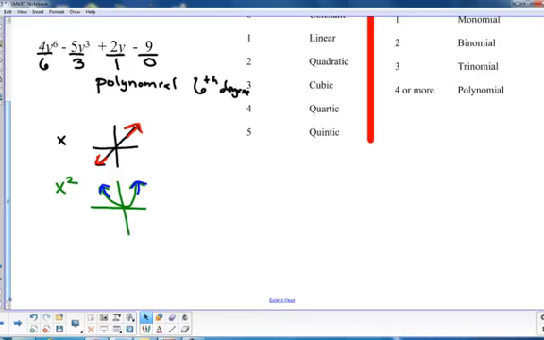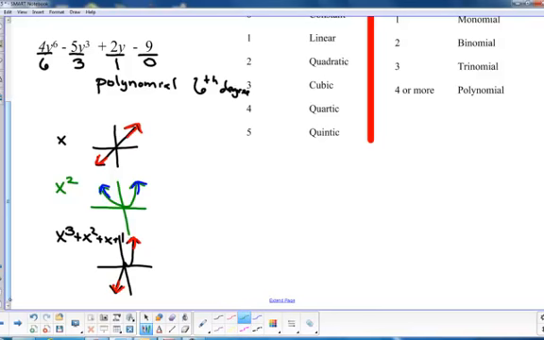And what keeps happening is if you have an x cubed, your end behavior is in the opposite direction. X cubed looks just like a line, but if there's more stuff to it, there's like this little jump in the middle. And so your end behavior is in the opposite direction.